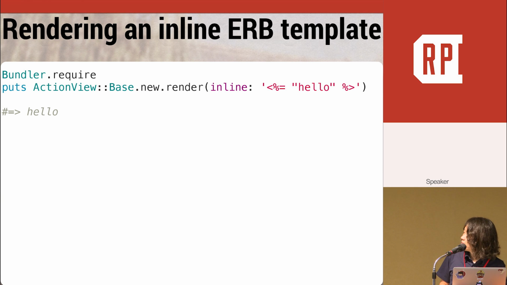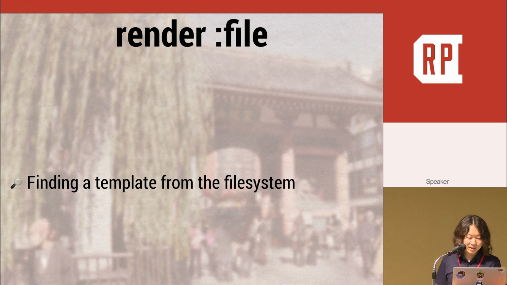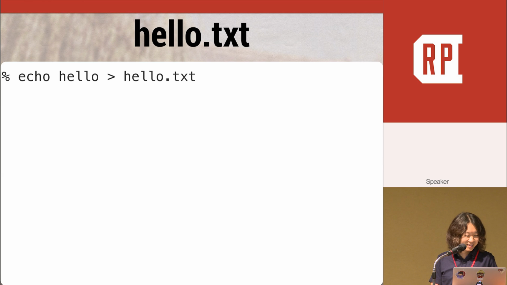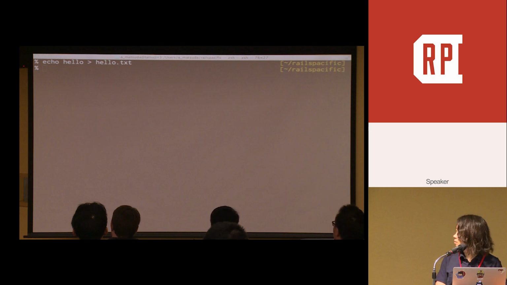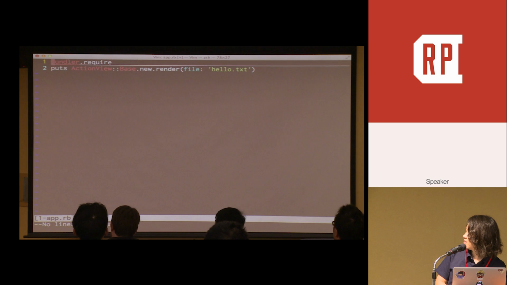And so rendering file. Let's find a template from the file system. Like this. Demo again. Create a hello text. And render file, hello text.